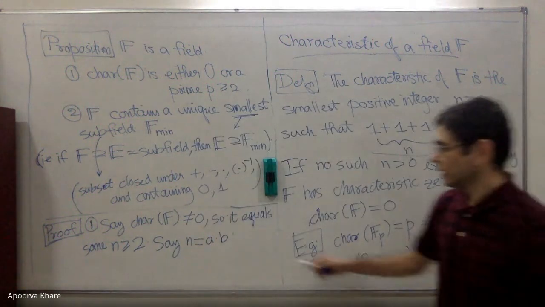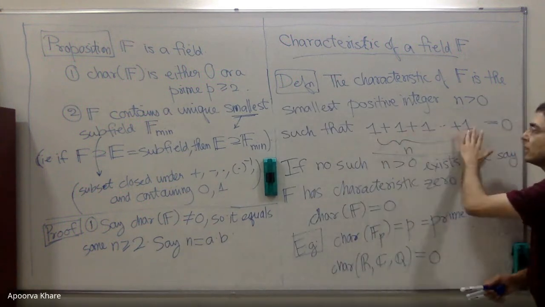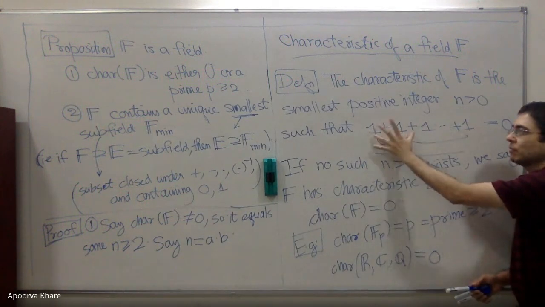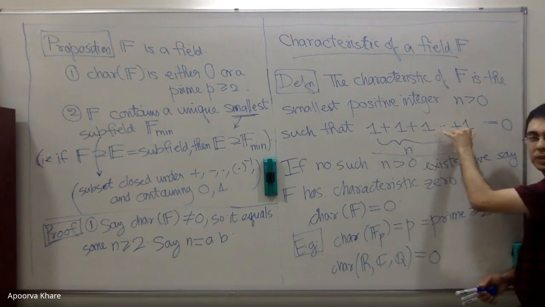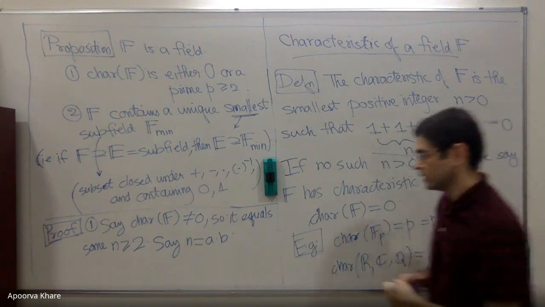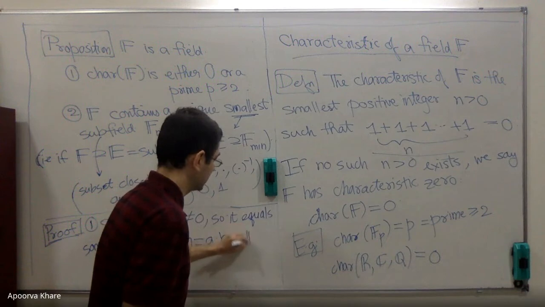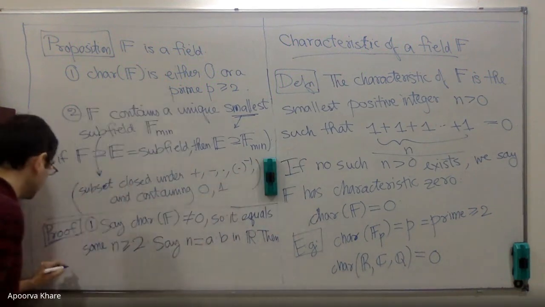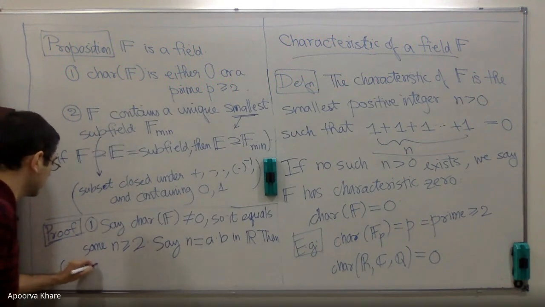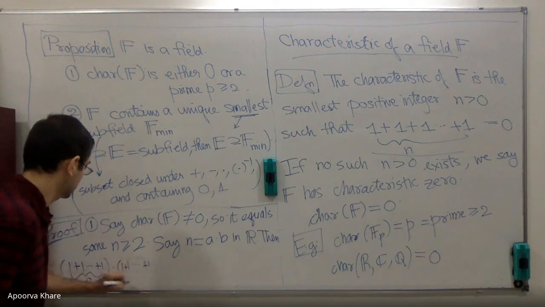Now, as integers, if I add a times b many ones, that's the same as the number a multiplied by the number which is the sum of b many ones, and that product is 0. So suppose n is a times b in integers or in the real line. Then what we just proved is that 1 plus 1 plus 1, a many times, times 1 plus 1 plus 1, b many times.